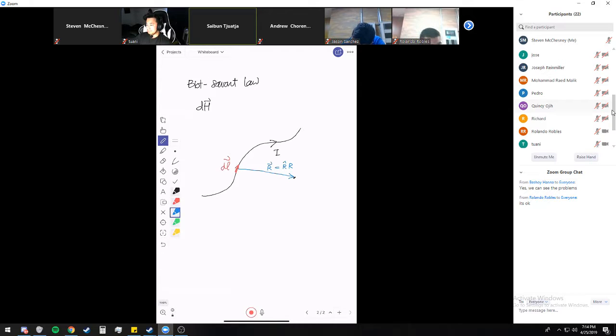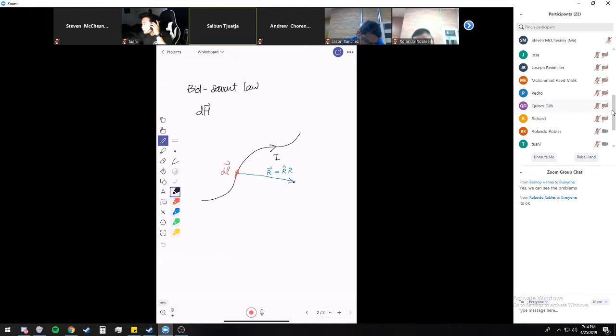So the Biot-Savart law says that dH is equal to I dl, which is a vector, cross with R hat, divided by 4 pi R squared. So what is R hat? Again, R hat is equal to the vector R divided by the magnitude of the vector R, and R is nothing but the magnitude.